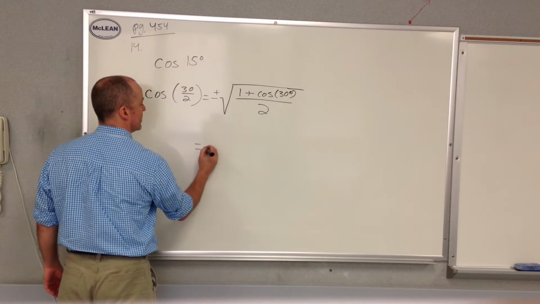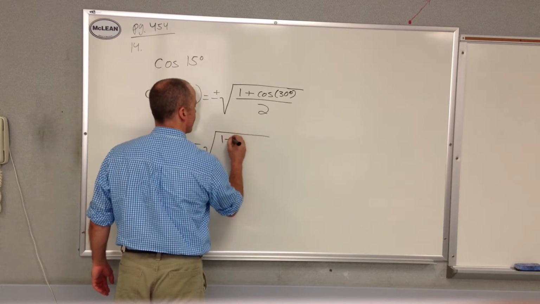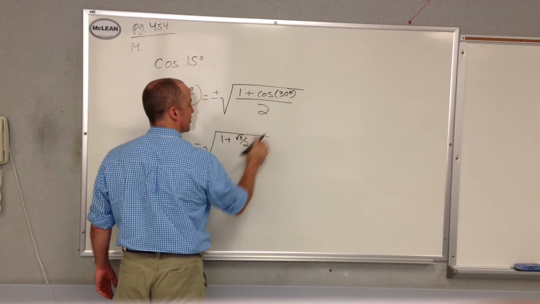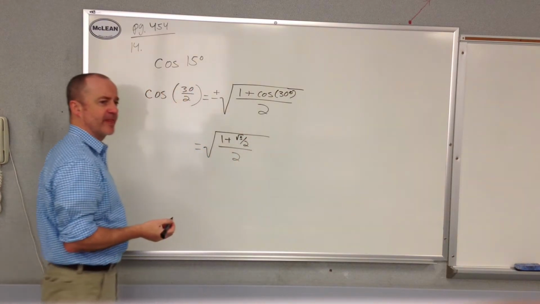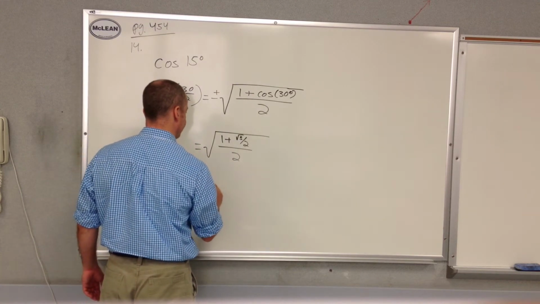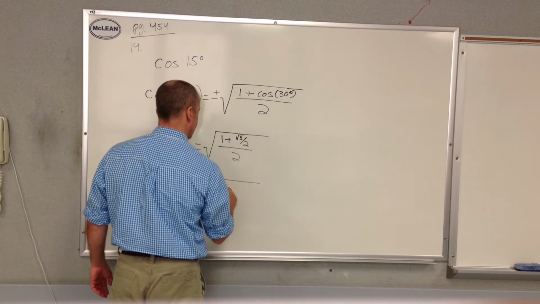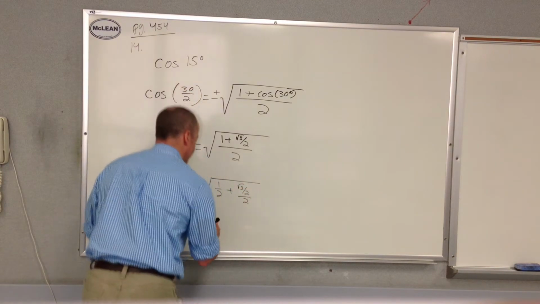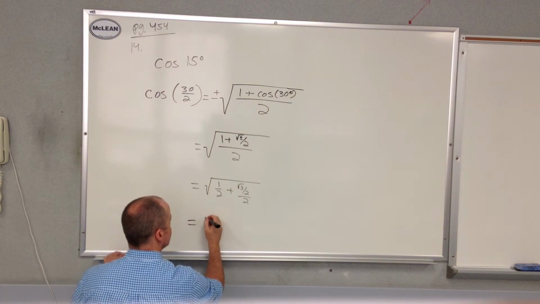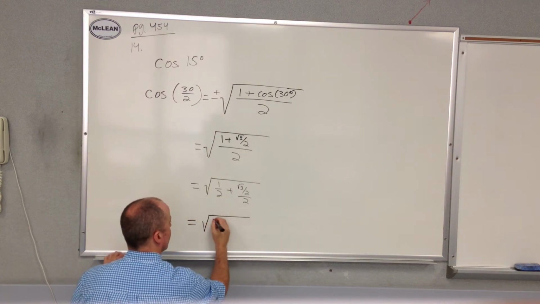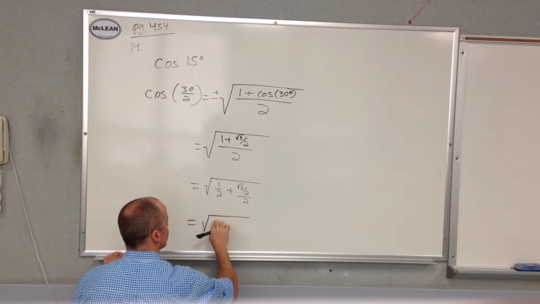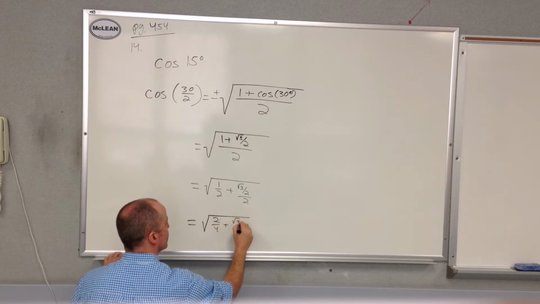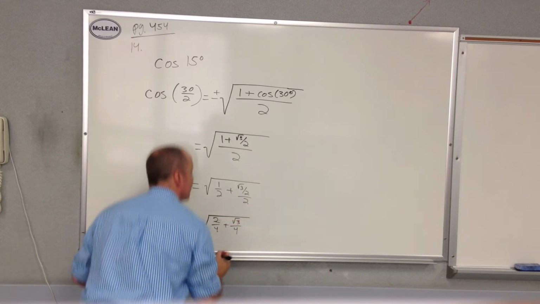The cosine of 30 degrees is 1 plus, cosine of 30 degrees is root 3 over 2, so I plug that in, right? And then I'm going to get 1 over 2 plus root 3 over 2 under my radical, which I'm going to make into 2 over 4 plus root 3 over 4, simplifying my fractions.